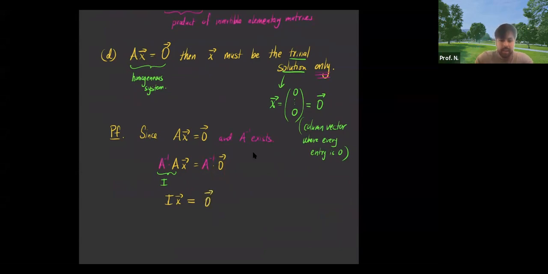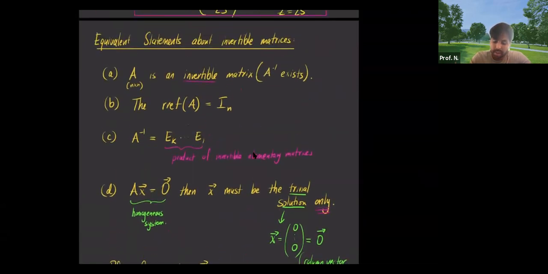And the identity times x is just x. Done. This is the proof. I just showed you that the only way this system can be solved is if the solution is the column full of zeros, which is the trivial solution, and that's it.